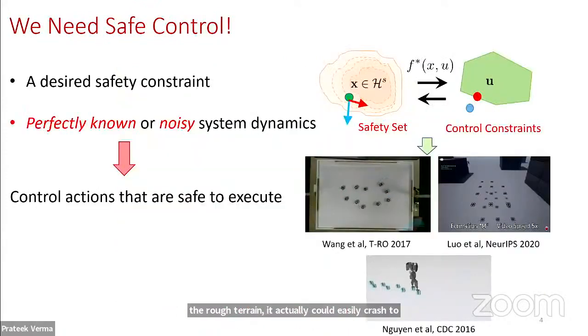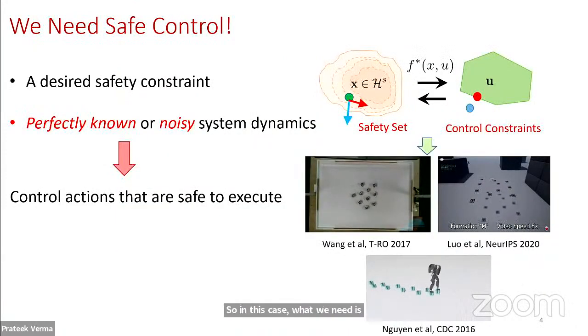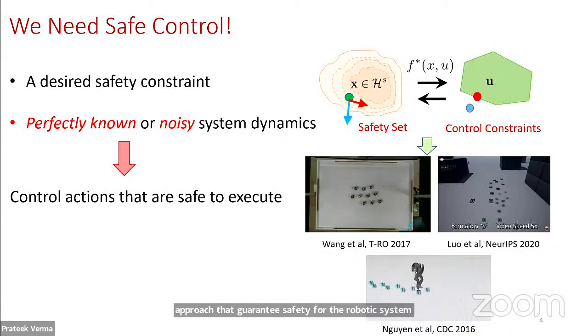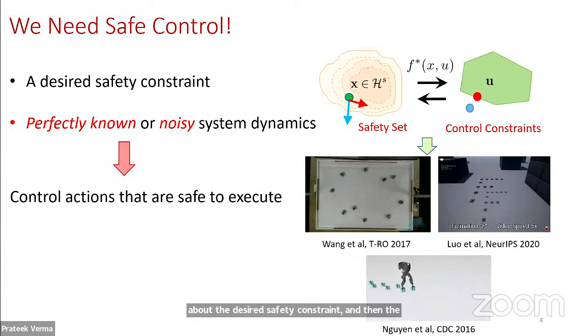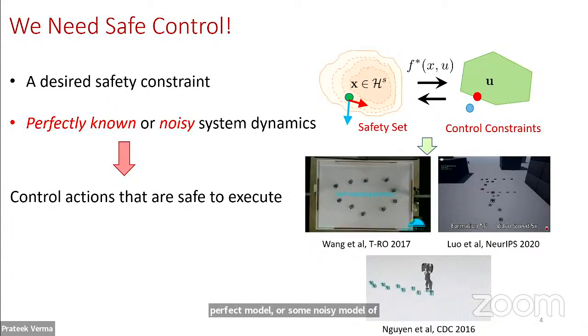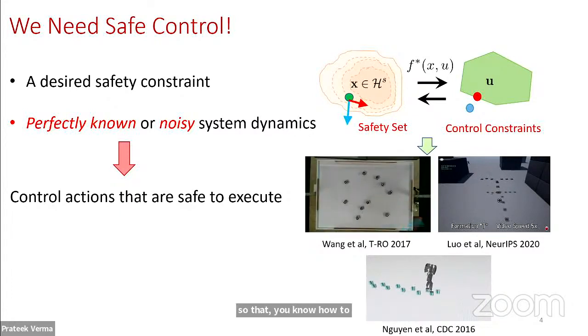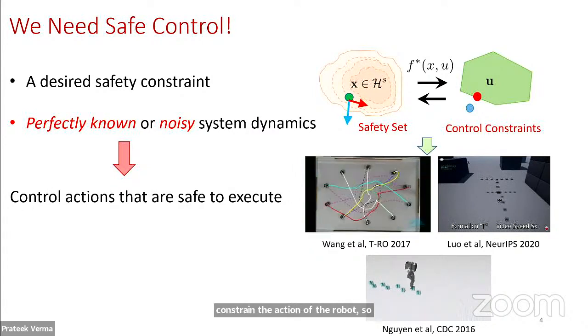So in this case, what we need is some model-based approach that guarantees safety for the robotic system, right? So talking about safety-critical control, we usually know that it requires some knowledge about the desired safety constraint, and then the perfect model or some noisy model of the robot dynamic system so that you know how to constrain the action of the robot so that the robot could remain in a relatively safe set, right?